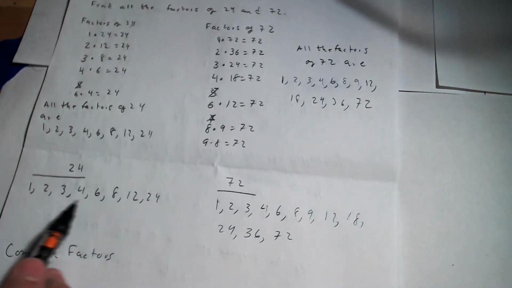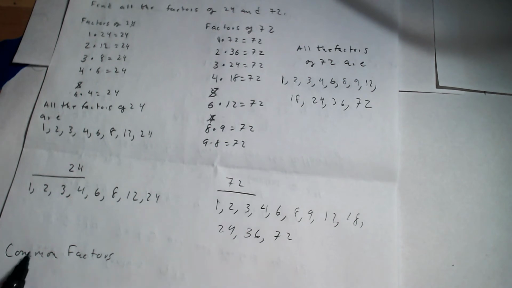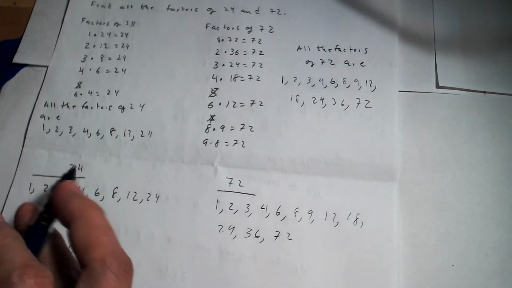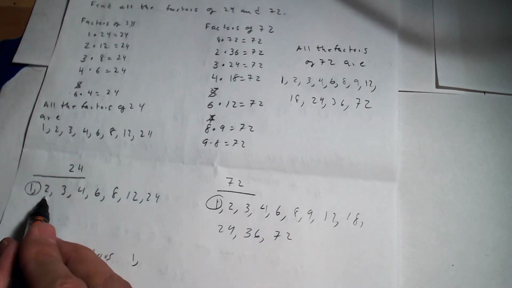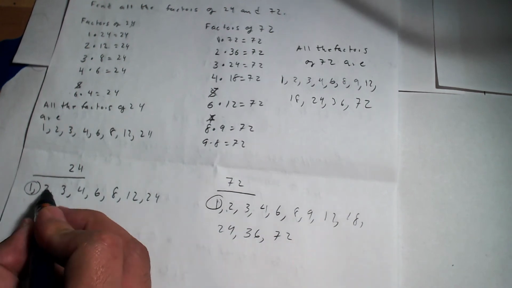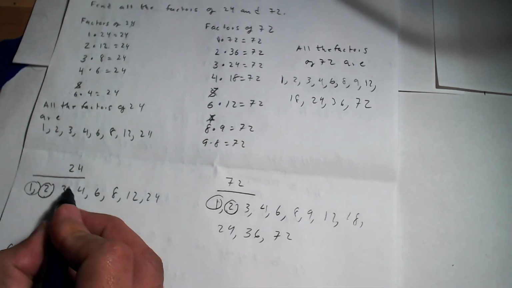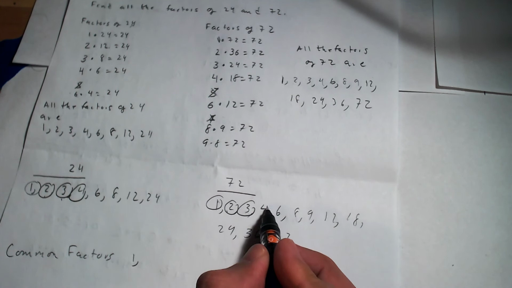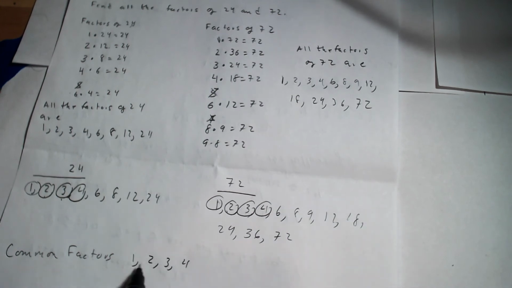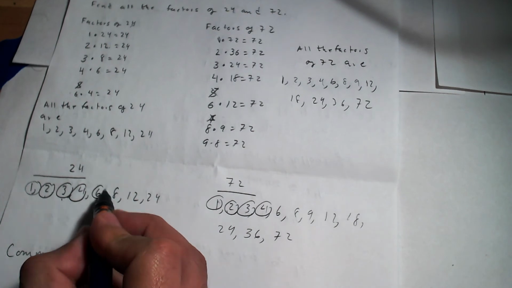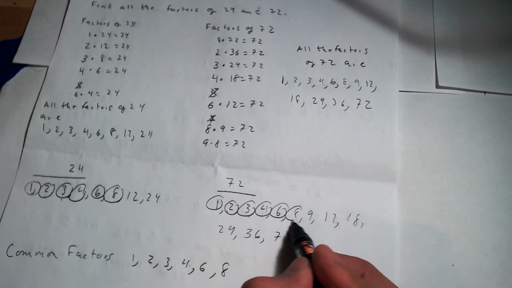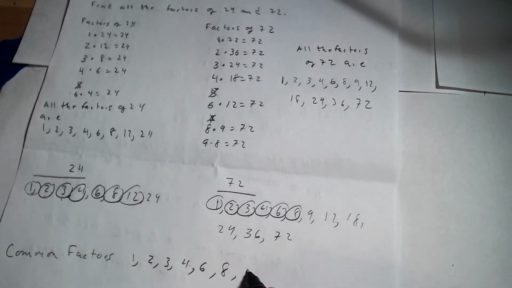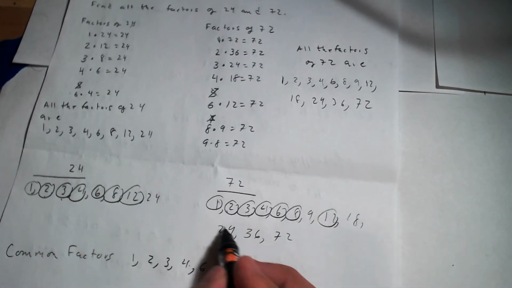These are all the factors of 24 and 72. Do you see any numbers that repeat? This one has a 1, this one has a 1, so they have a 1 in common. 2 is here, it's also here. 3 is here as well as here. 4, so 1, 2, 3, and 4. 6 as well, 8, 12, and 24.